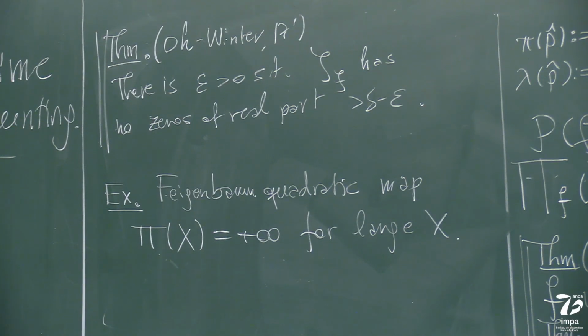So I want to argue now how the Collet-Eckmann condition appears naturally here. You can do that by analyzing the convergence properties of the Ruelle zeta function. So here we have this formula.